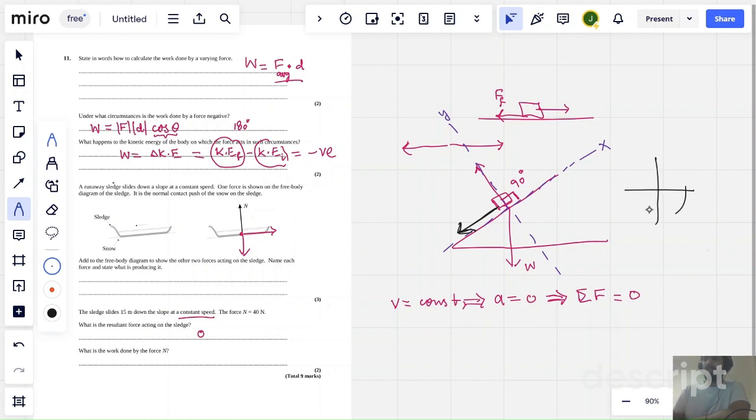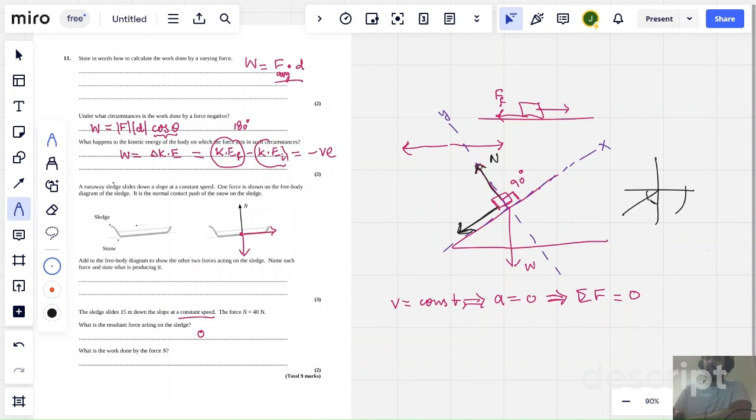If I had chosen the usual axes, the sledge would have been going at an angle, and it would be difficult to resolve and work in terms of components. So I'll choose these axes.